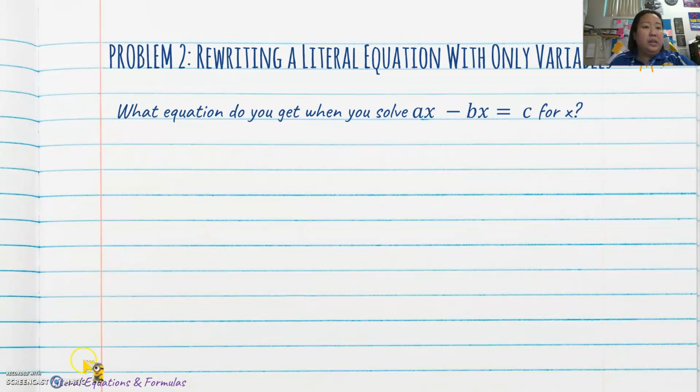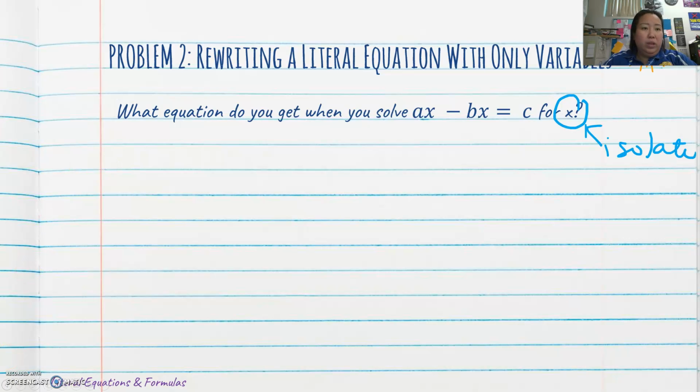Here's the technique when working on literal equations. First, what are you supposed to solve for? Which variable needs to be isolated? According to this problem, we need to isolate x, okay? So this is what we need to isolate, okay?